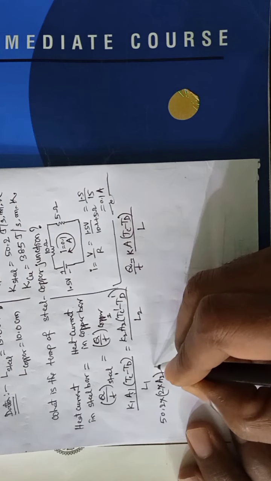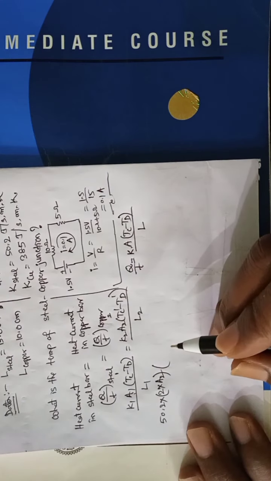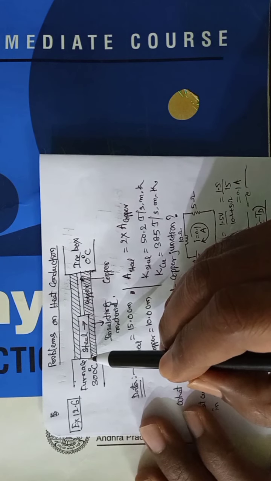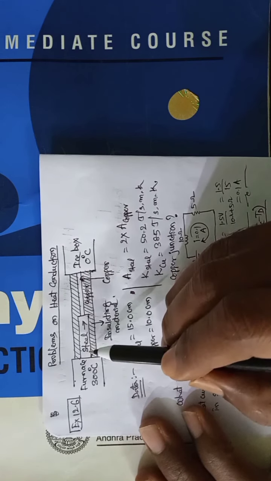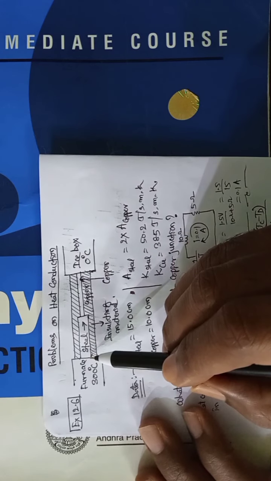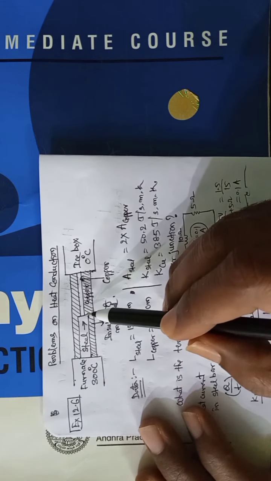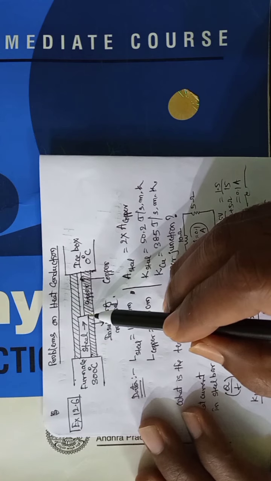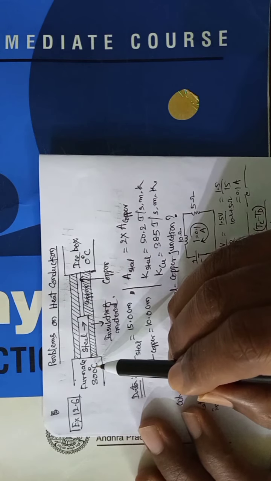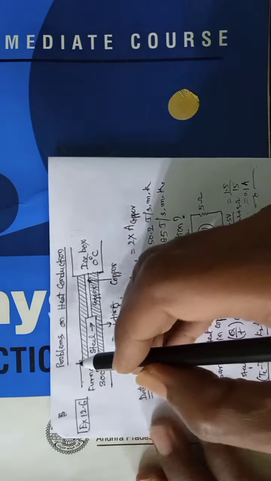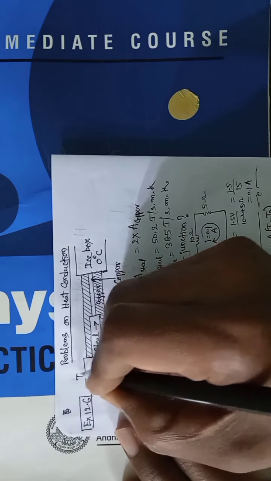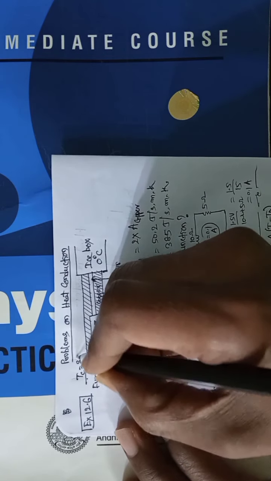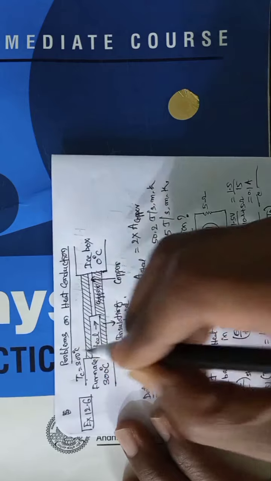Now Tc minus Td. So here in this figure the left end is C. For this steel bar, the left end temperature is Tc, the right end temperature is Td. Now what is the left end temperature? 300. So let me write here Tc is equal to 300 degrees centigrade.